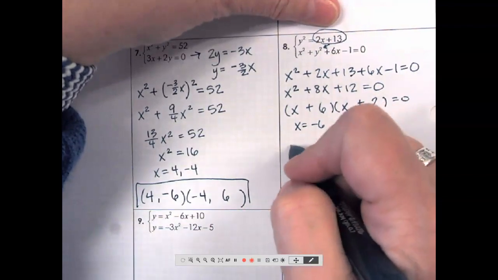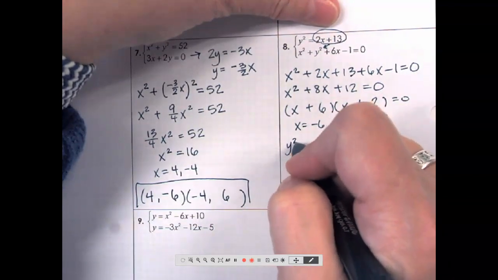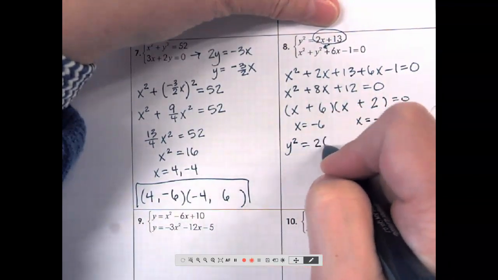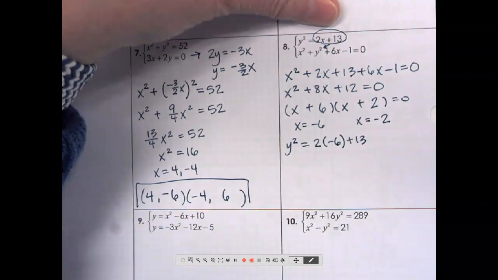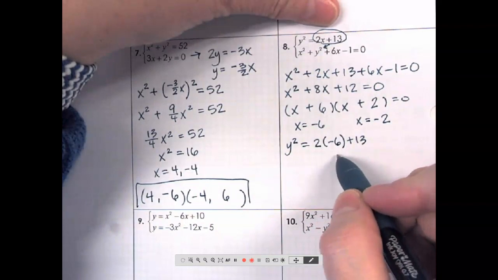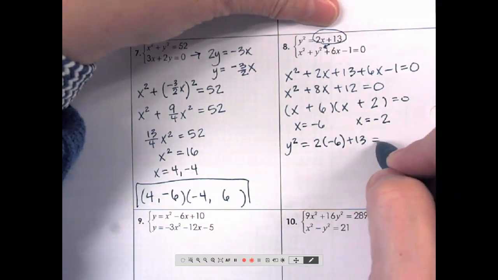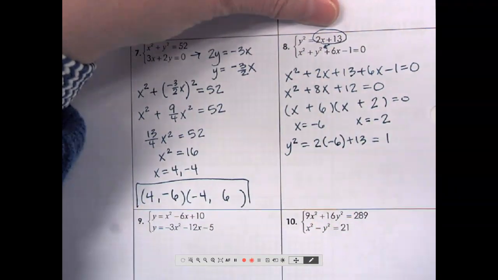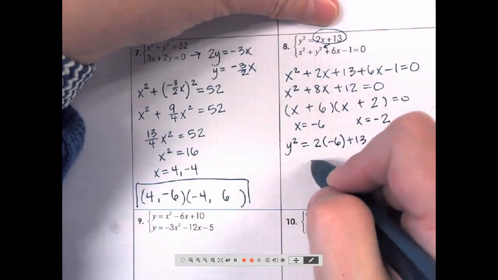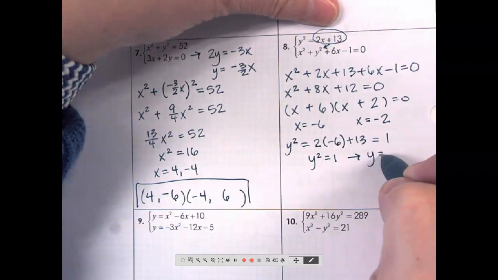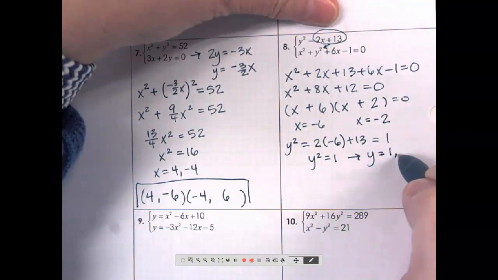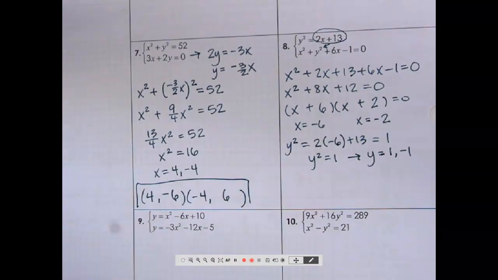So I'm going to say y squared equals 2 times negative 6 plus 13. Well, that's negative 12 plus 13 is 1. If y squared is 1, what is y? Oh, okay, so look what happened.